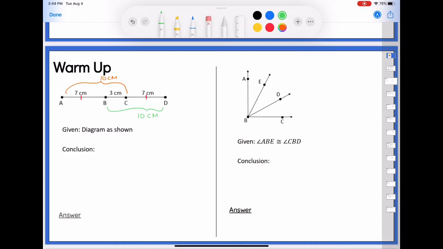Oh, but then that means that segment AC would be congruent to segment BD, and that wasn't something that was necessarily very obvious in the picture to start with, right? The 7 centimeters and the 7 centimeters hopefully jumped out at you, and you had AB congruent to CD in your list somewhere, right?